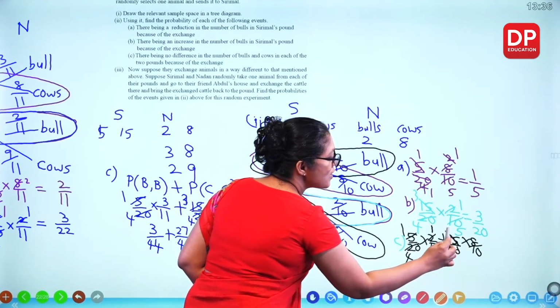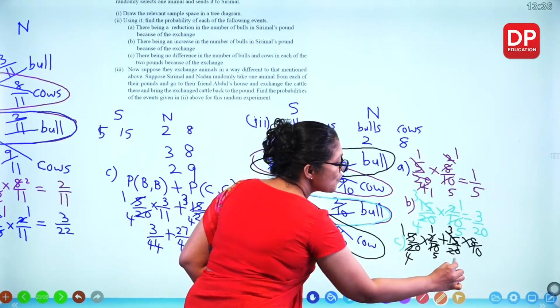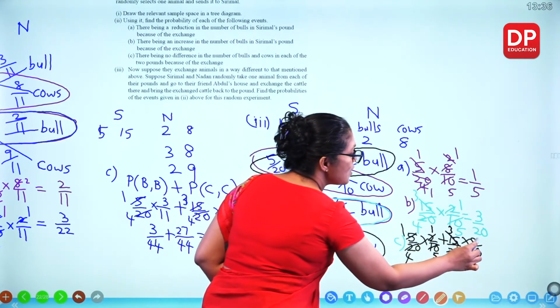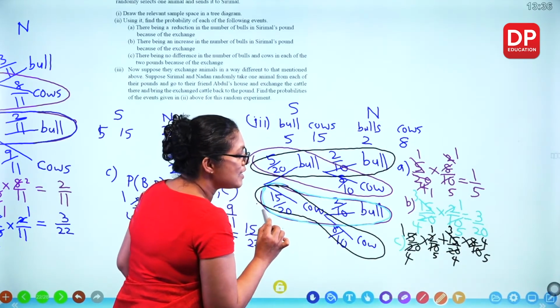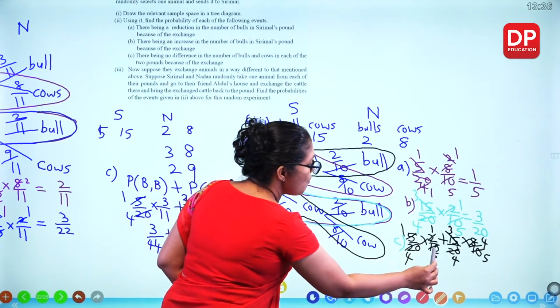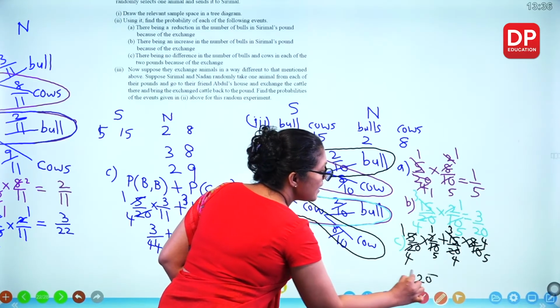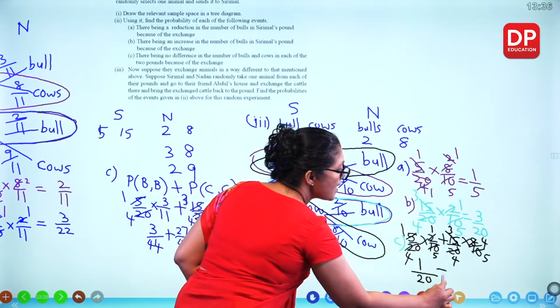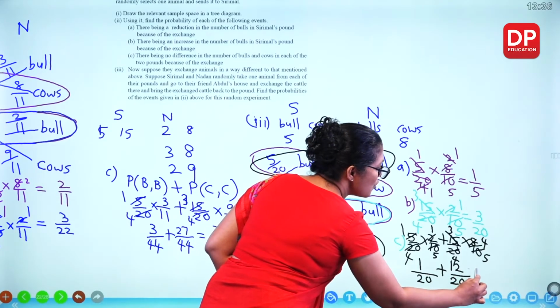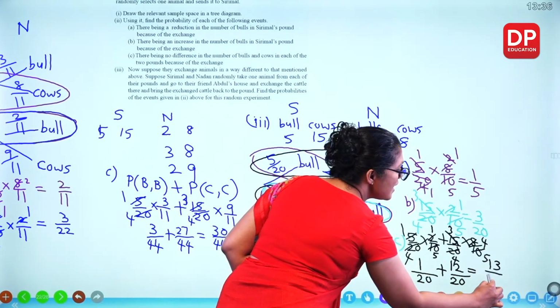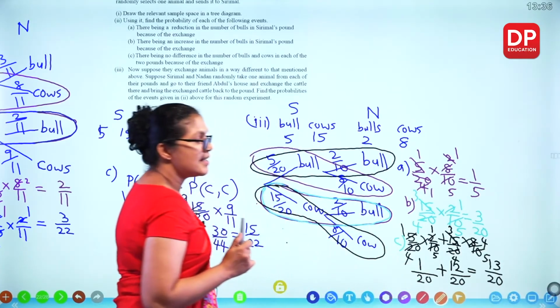Here also 5 times 3, 5 times 4. And 2 times 4, 2 times 5. So what's the denominator now? 5 times 4, 20. 1 times 1, 1 plus 4 times 3, 12/20. So you get 13/20.